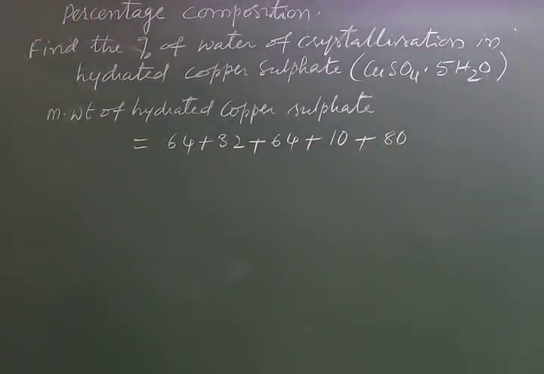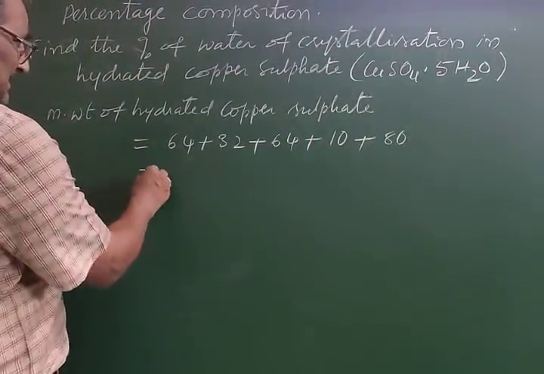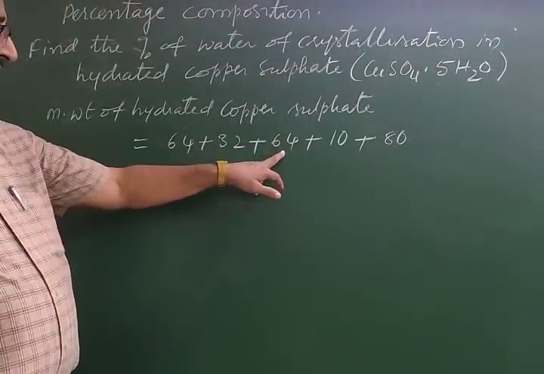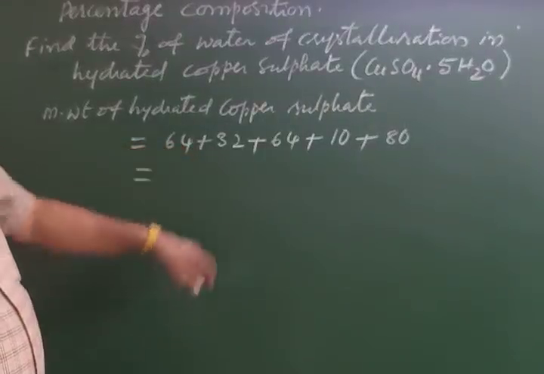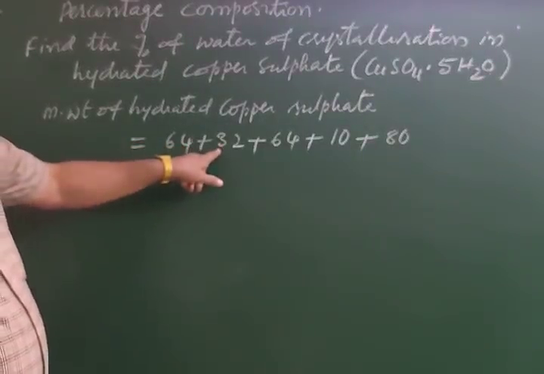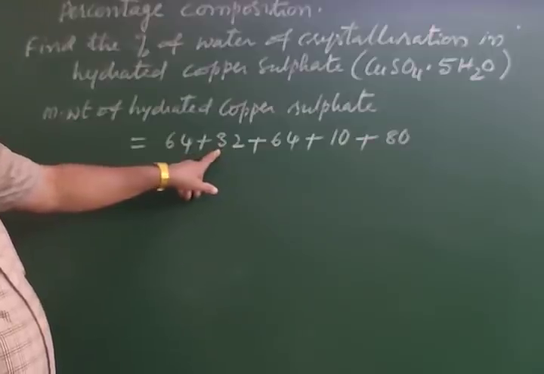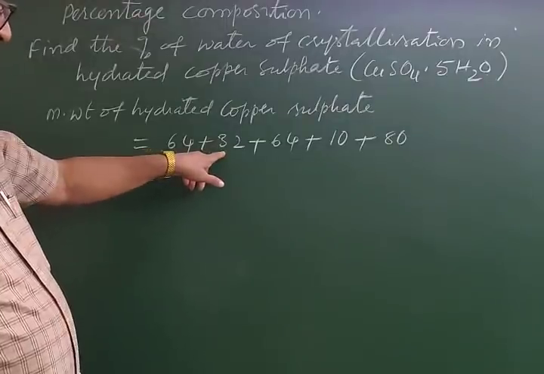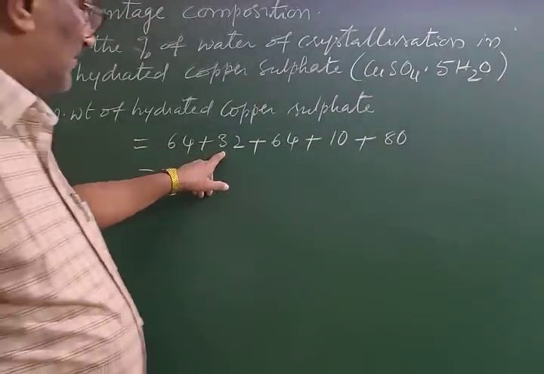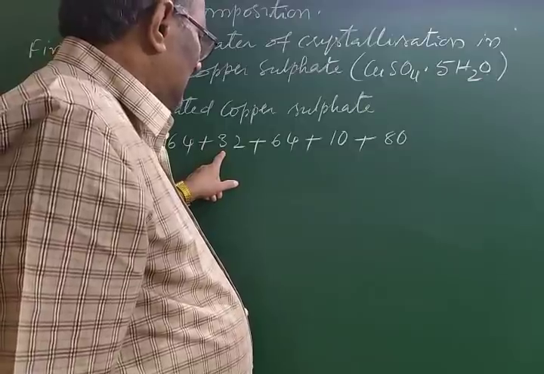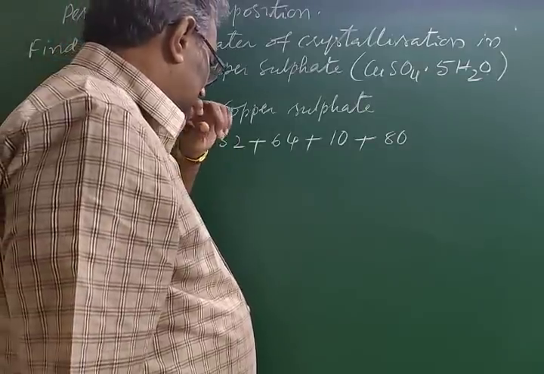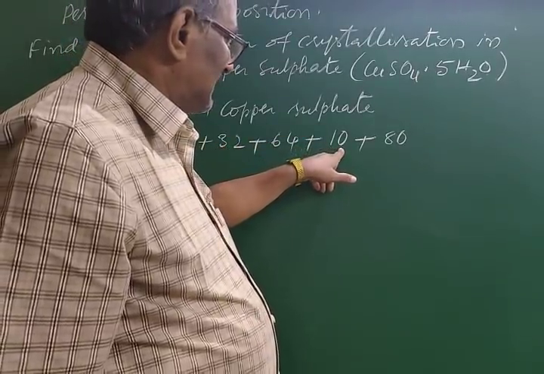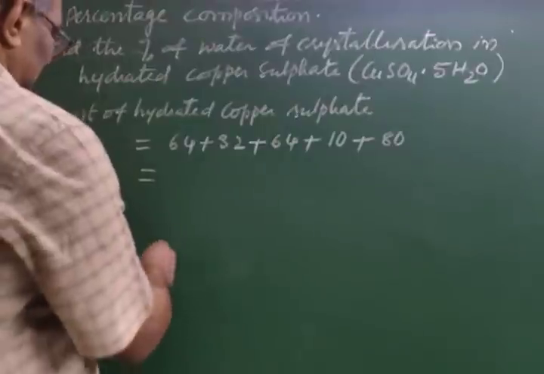So the total is 64 plus 64, 128. 128 plus 32 is 160. 160 plus 90, 250.